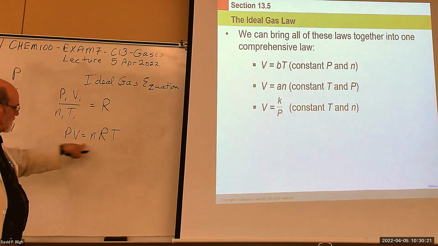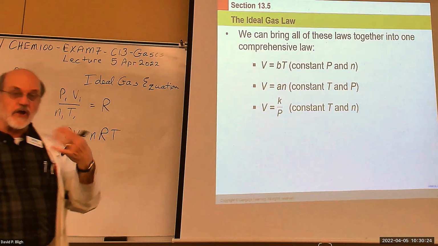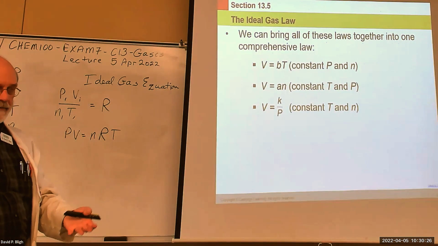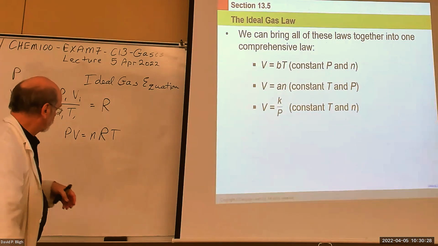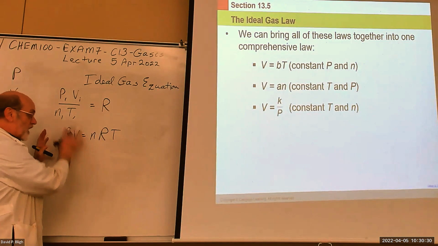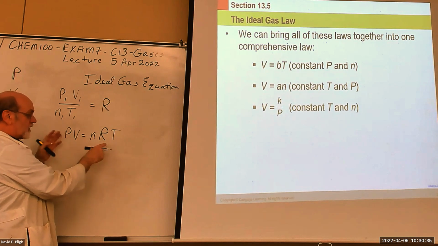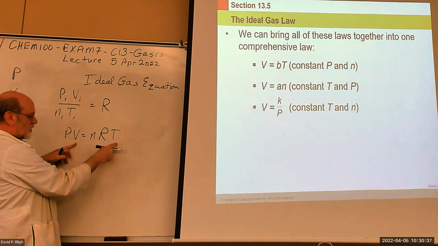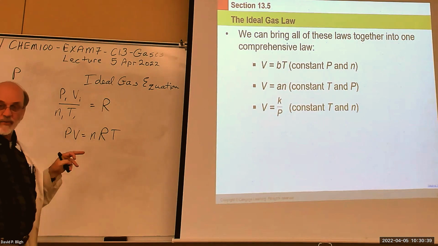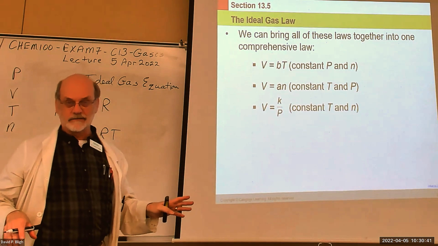Rearrange that equation. This is what you get, and that's how you most often see it. PV equals nRT is the ideal gas equation. In this equation, if you know that and three of the others, say this one, this one, this one, and that one, you can calculate pressure, and it doesn't matter how you got there.